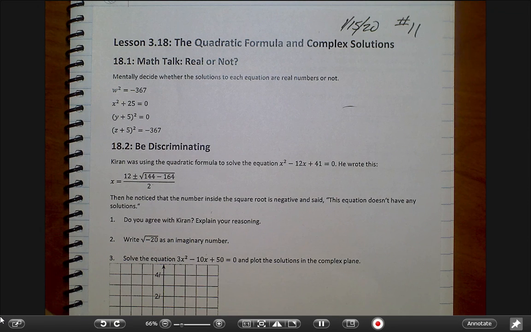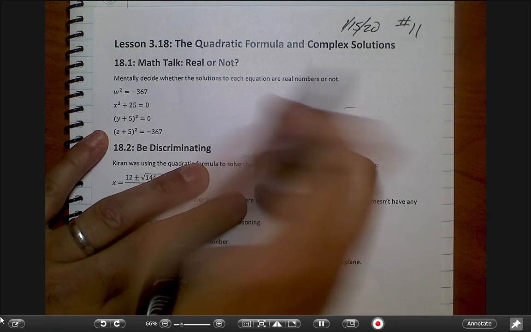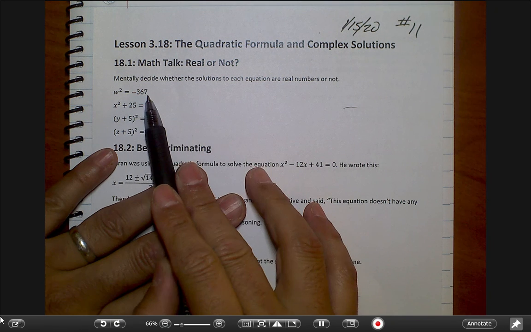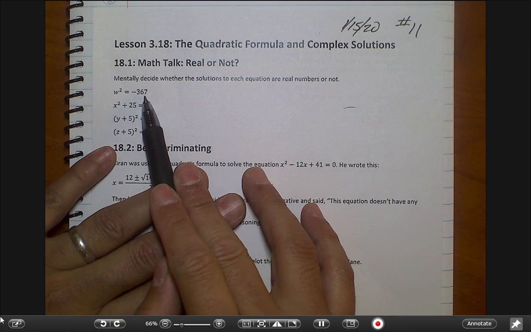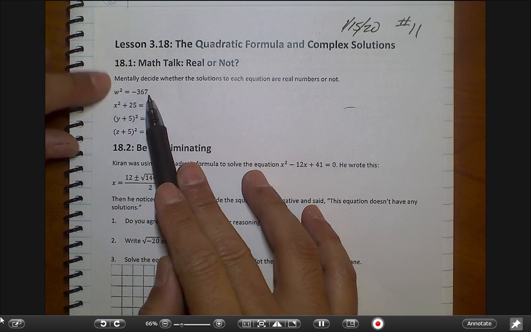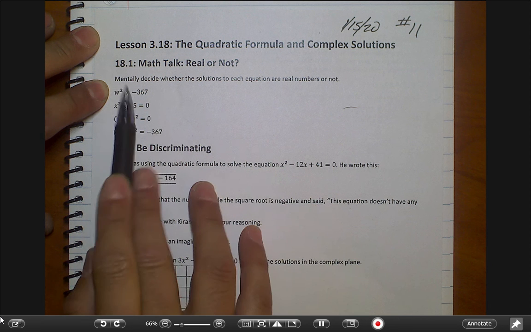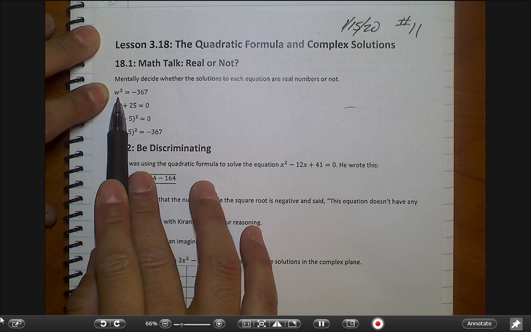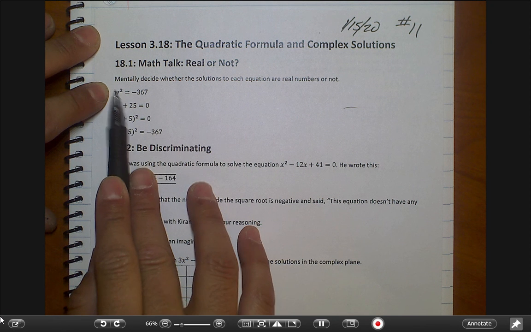All right, yesterday we did imaginary numbers, right? The square root of any number that's negative is imaginary. So anytime I have this negative when I'm solving for my variable, if I paid attention yesterday, how would I get rid of my square?